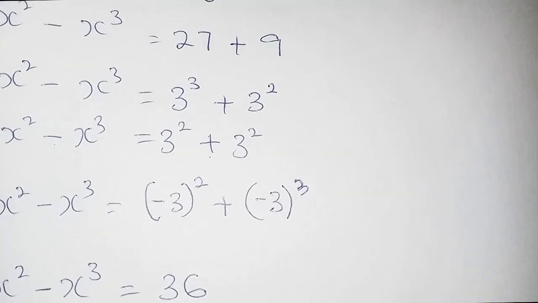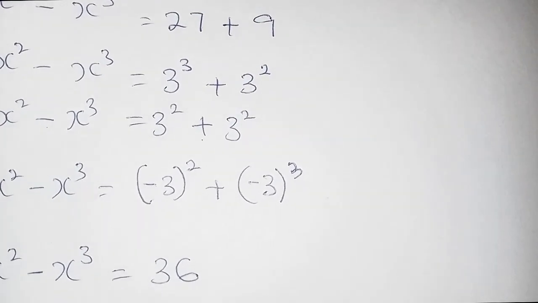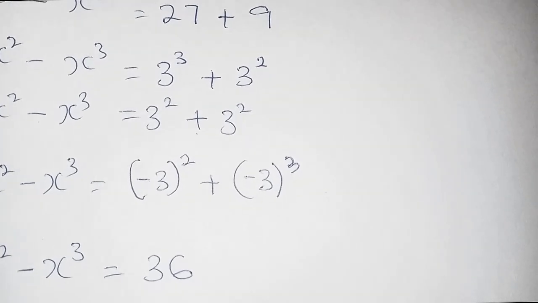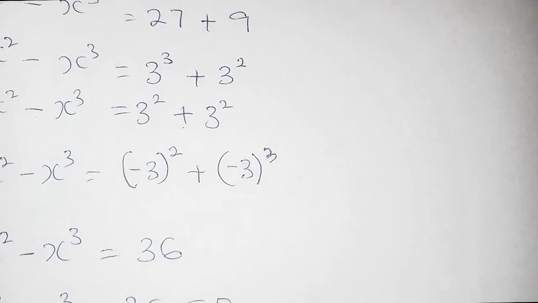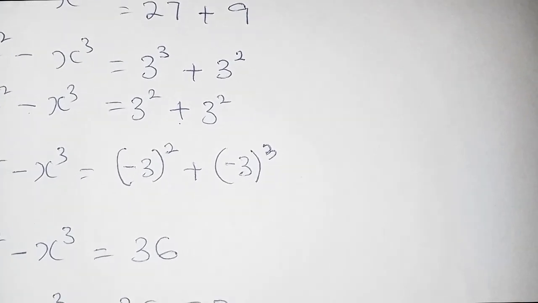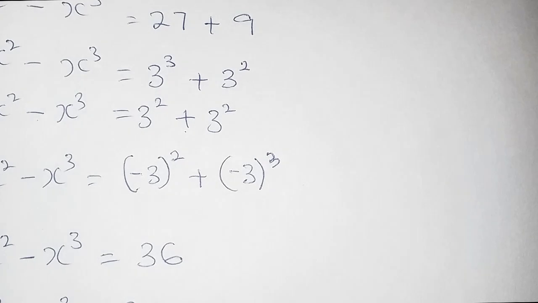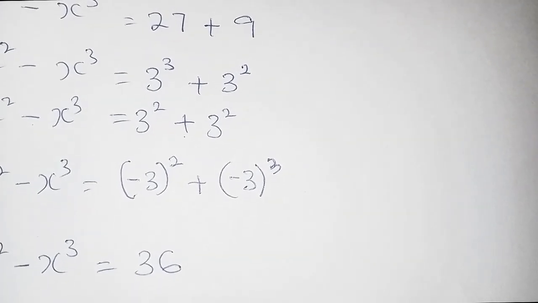And then we're going to move this 36 to the side. So this will be written as x cubed minus x squared minus 36 equals 0.